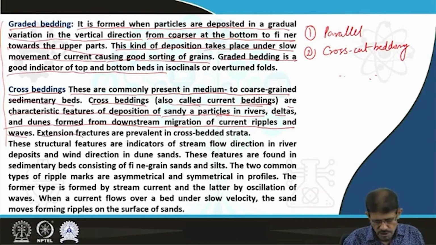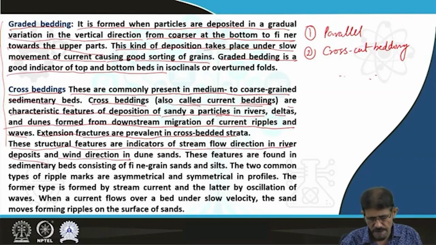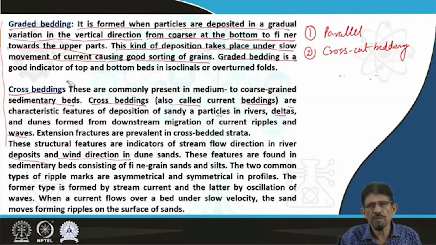Extension fractures are prevalent in cross bedded strata, and these structural features are indicators of stream flow direction in river deposits. Wind is also responsible for formation of cross bedding.